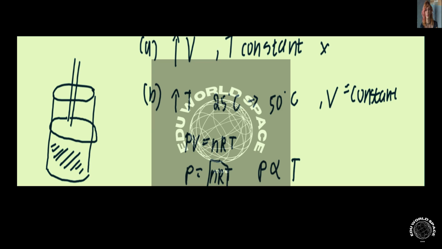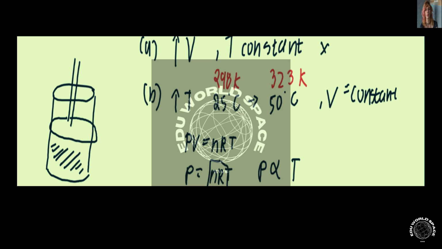So this is 25 Celsius, but let's convert to Kelvin, because when we're using the ideal gas equation, we need to work in absolute temperature, which is Kelvin. So 25 Celsius is equal to 273 plus 25, which is 298 Kelvin. And 50 Celsius, 273 plus 50, gives me 323 Kelvin. So 323 over 298.